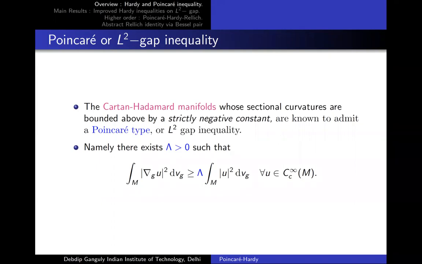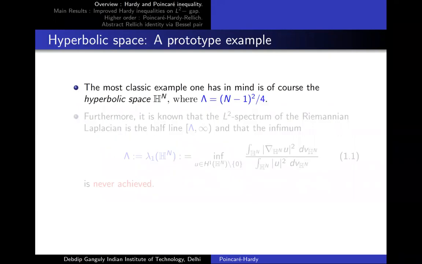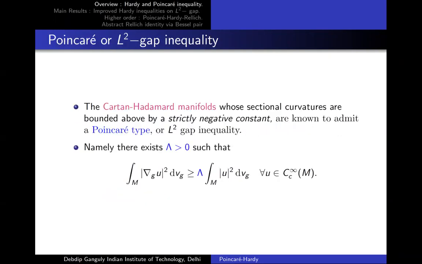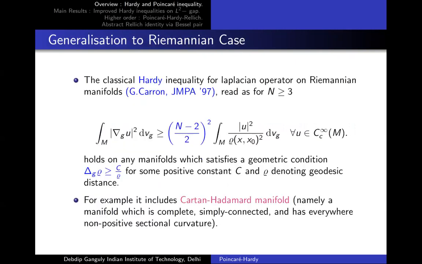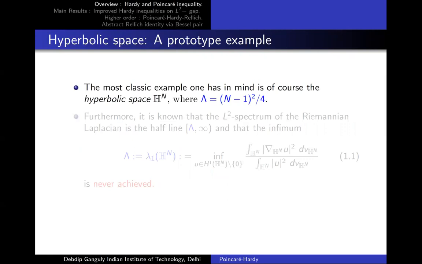The manifold having sectional curvature -1 is a prototype example, which of course satisfies this one because this is a strictly negative constant. Also, it satisfies because it's a hyperbolic space, the Hadamard manifold is also having a Hardy inequality. So in a prototype example, in the hyperbolic space, we have both these two types of inequality, that is the Poincaré inequality as well as the Hardy inequality. In fact, we can have more in the real hyperbolic space.